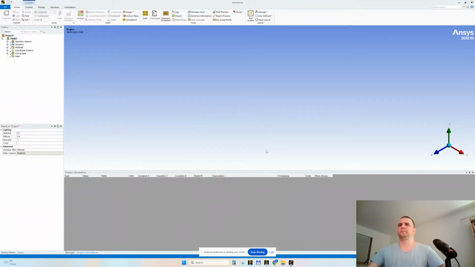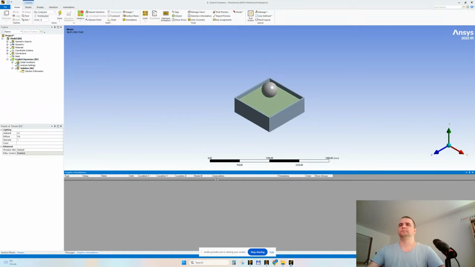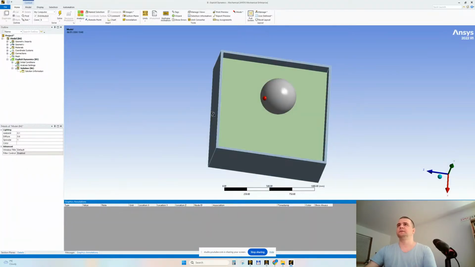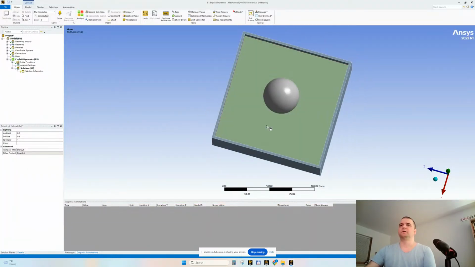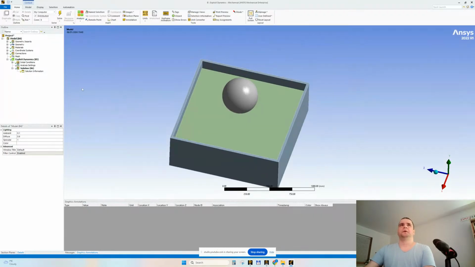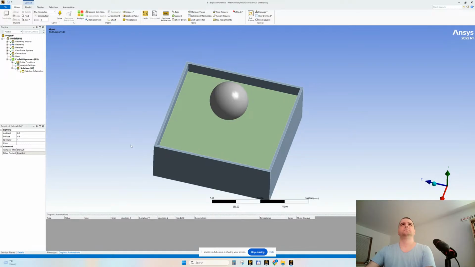Okay, it's done. In order to center our view, we have the zoom extents button F7. All right. So this is what we're beginning with. It's safe.